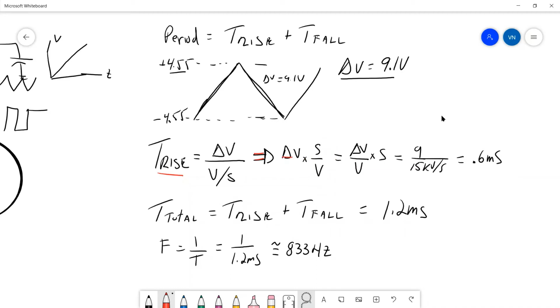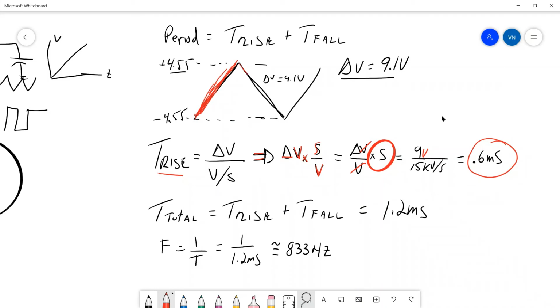So a voltage times seconds over a voltage, the volts cancel out, and what you're left with is seconds. So 9 volts over 15 kilovolts per second comes up with 0.6 milliseconds. That is strictly the rise time.